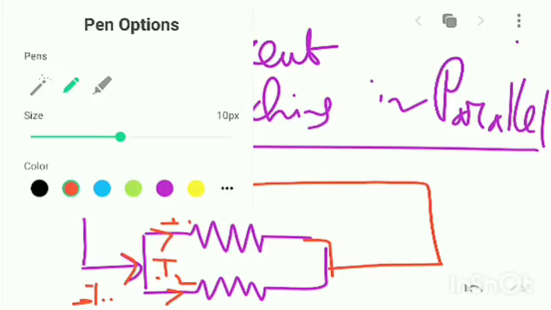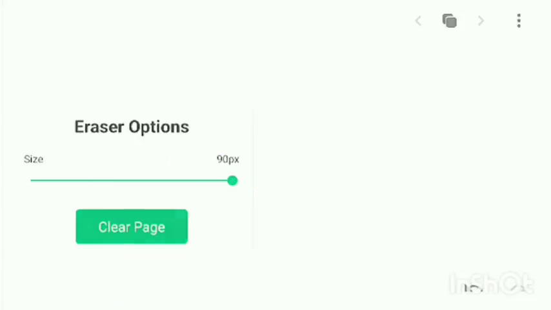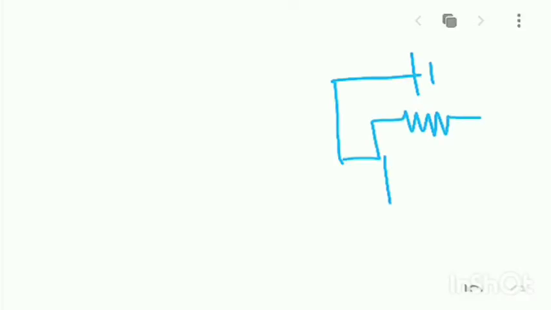But what will happen if someone asks you the value of this current I1 and the value of this current I2? Yes, there is a method of solving them. Let's see how we will solve these current branching troubles. This is a circuit. The current coming out from the battery goes into a parallel combination circuit.